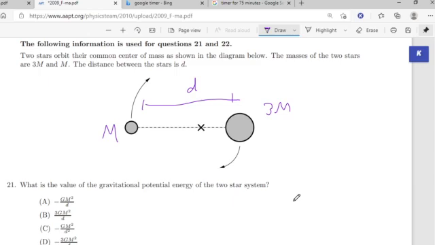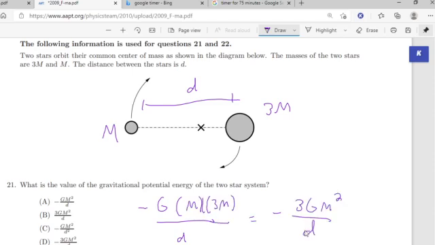Well, that's a good question. I think it's just, well, G times m times 3m over d, so it should be negative 3Gm squared over d.